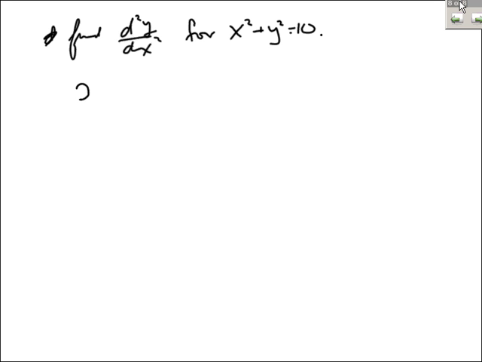So the derivative of the left side: the derivative of x squared is 2x plus the derivative of y squared is 2y times y prime. And the derivative of the right hand side is 0.